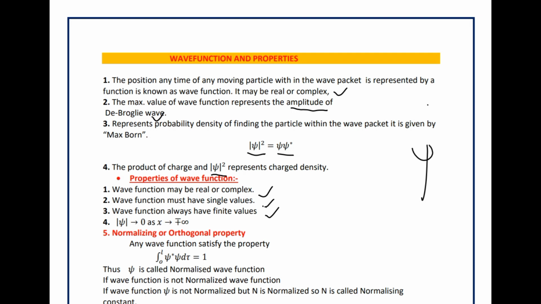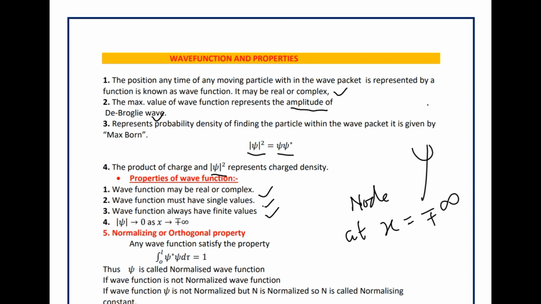It is just like in an ordinary wave, we always get a node at x equal to minus plus infinity. At the node, the displacement is 0. So in this case, at infinity, the wave function vanishes.